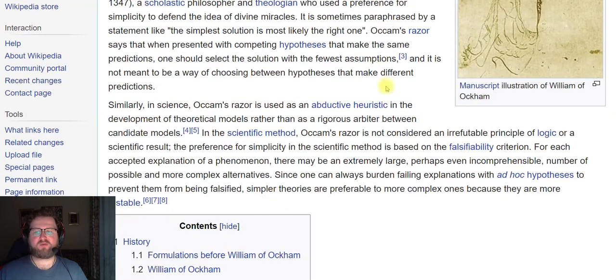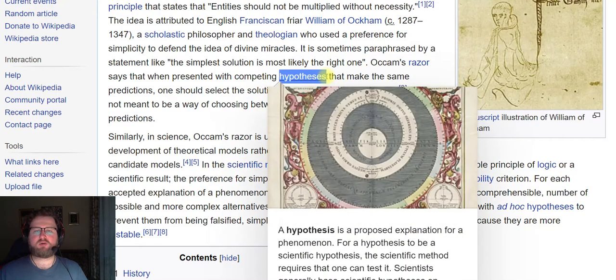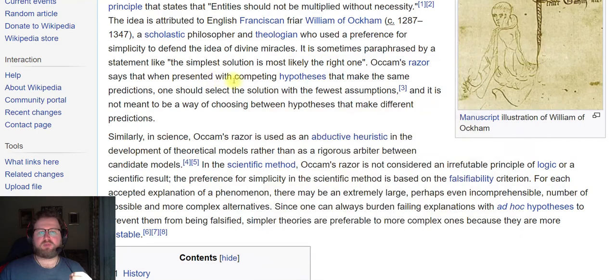Or, if we paraphrase this statement, it says that when presented with competing hypotheses, so in our case, the competing hypotheses are those diagnoses we've previously discussed in the differential diagnosis section. So we are aware that our patient has acute appendicitis, but still we're not definitely sure that all other diseases with similar symptoms can be excluded.